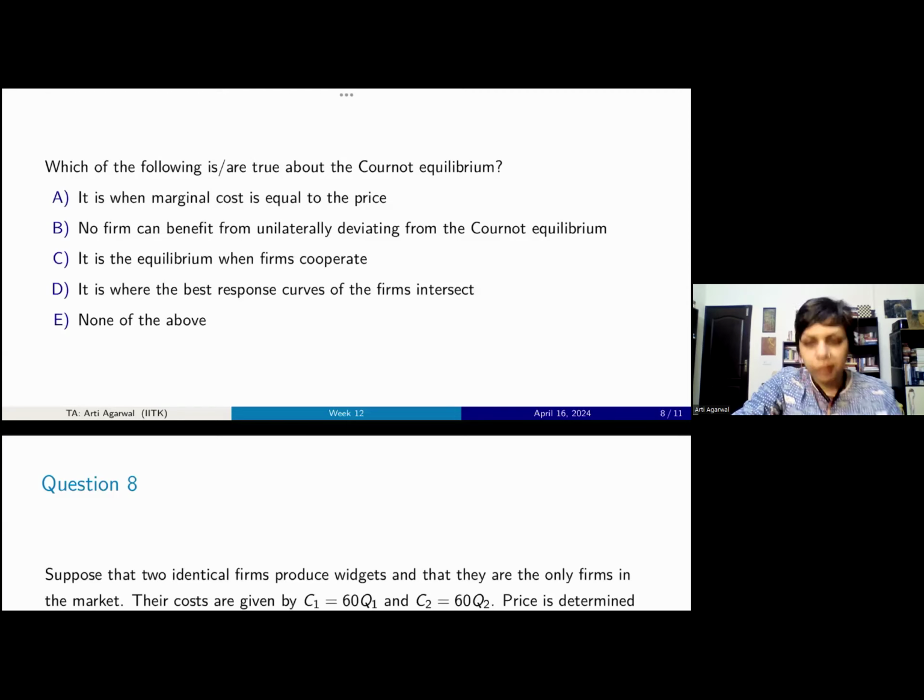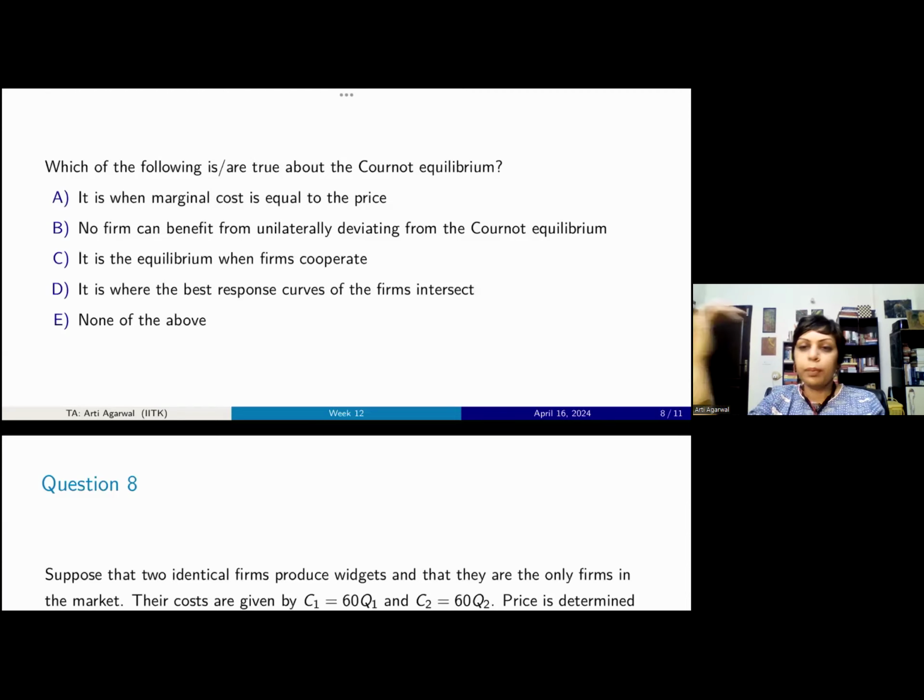So, what is the difference between an oligopoly and, say, a competition and a monopoly? That is what will help you arrive at the correct answer here. The key difference between an oligopoly and perfect competition or monopoly is that there is more than one firm.